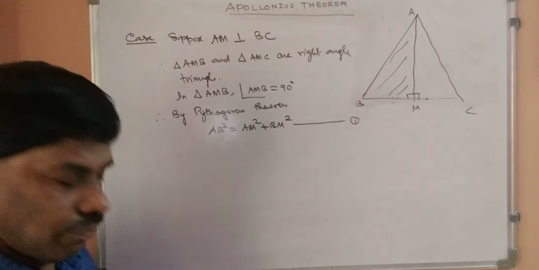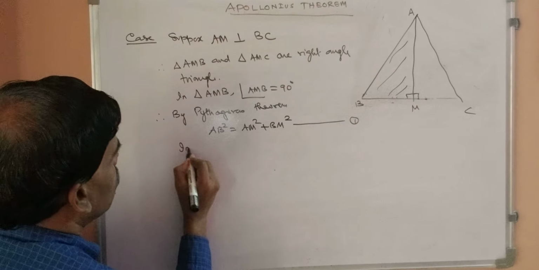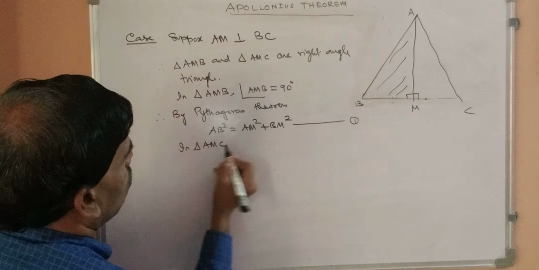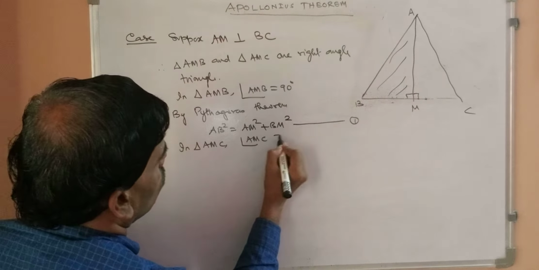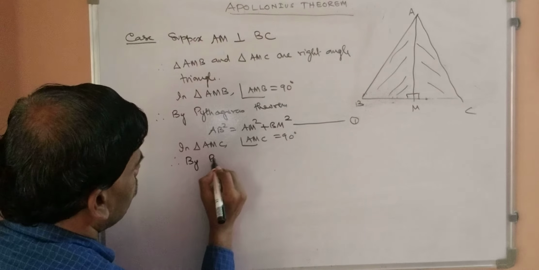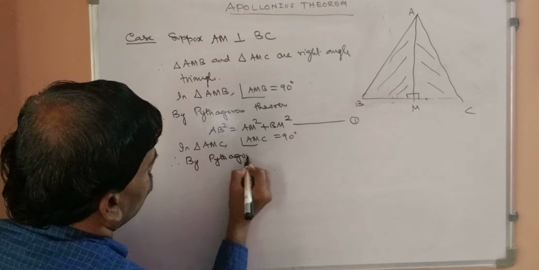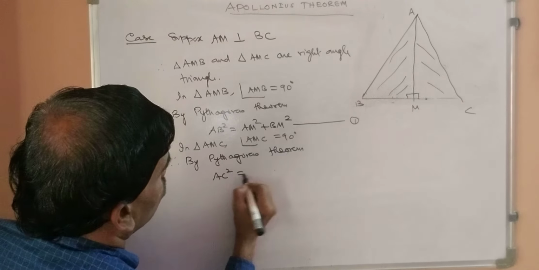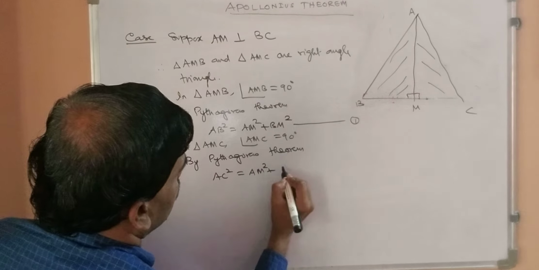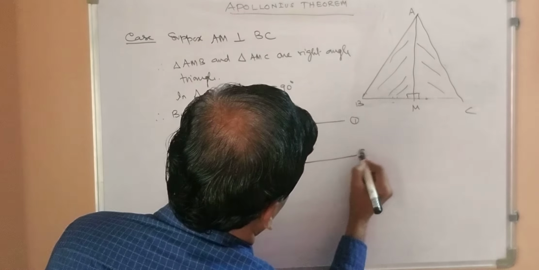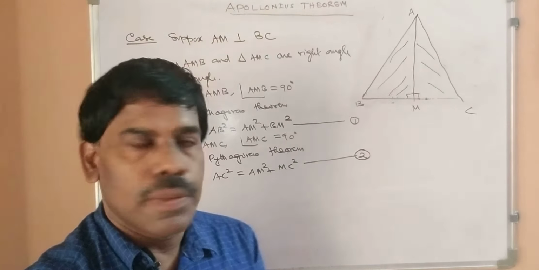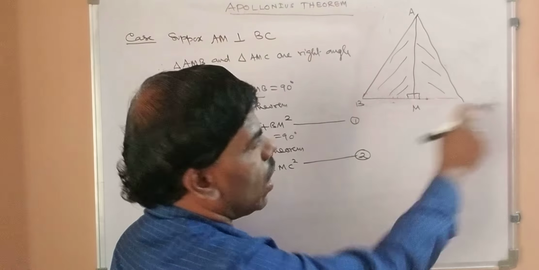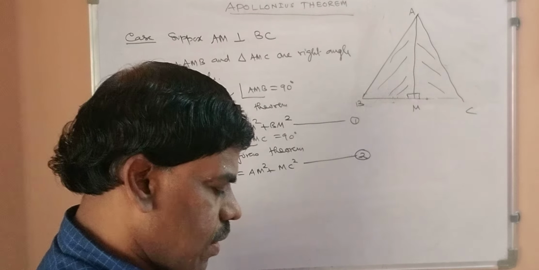Equation number 1. Now again, in triangle AMC also, angle AMC equal to 90 degree. Therefore, this also we can apply Pythagoras theorem. Therefore, by Pythagoras theorem, AC square equal to AM square plus MC square. Now look at this. M is the midpoint of BC. Correct?